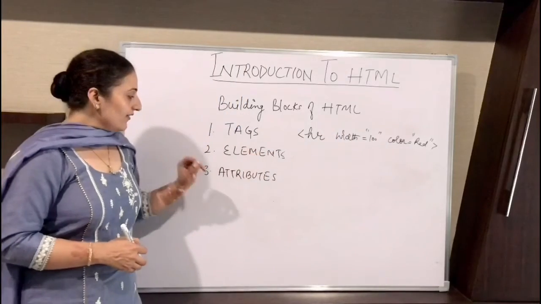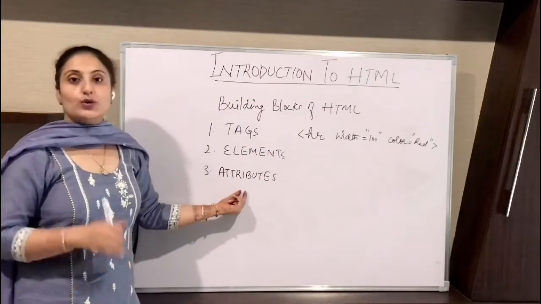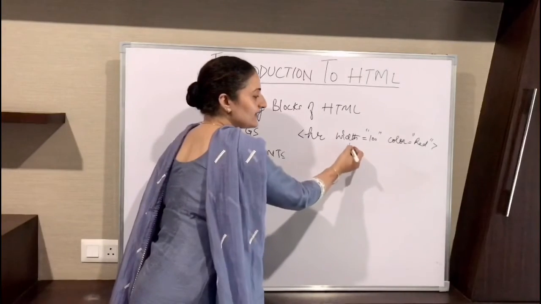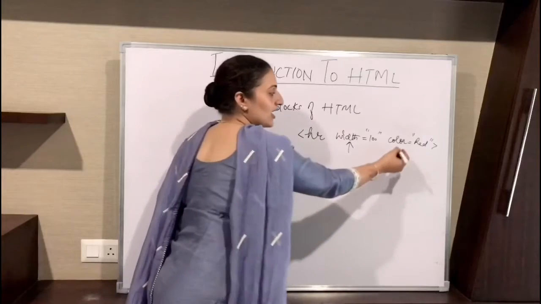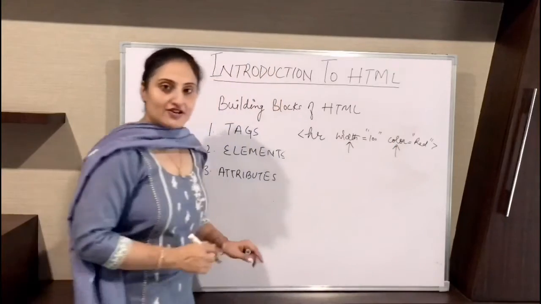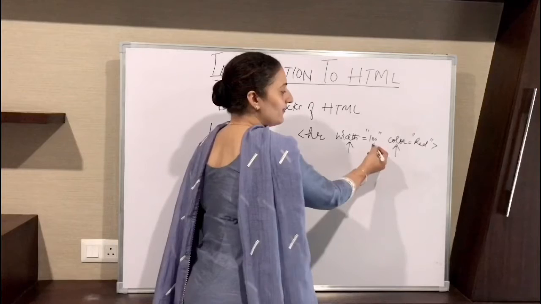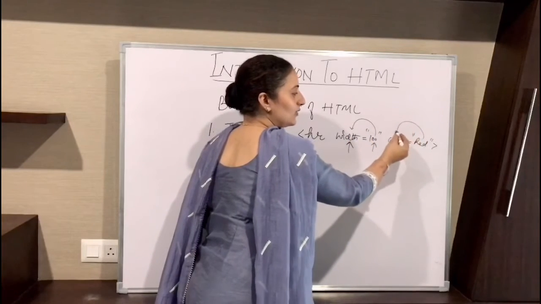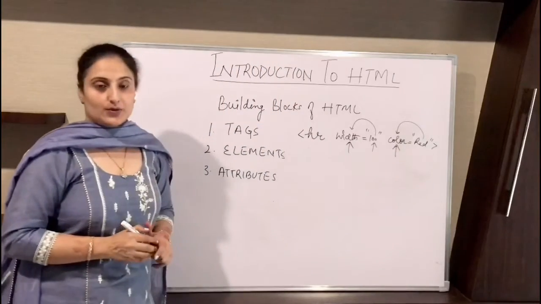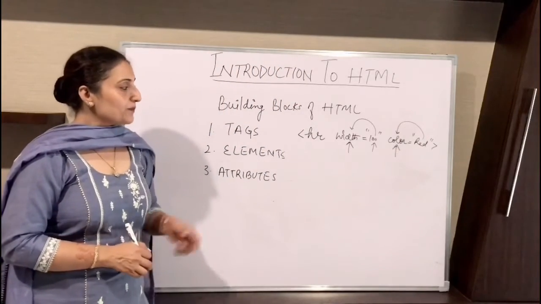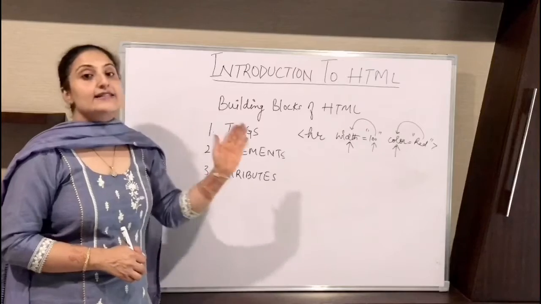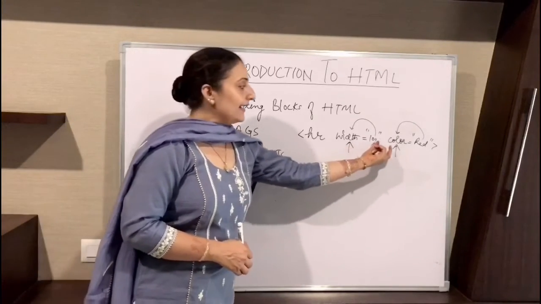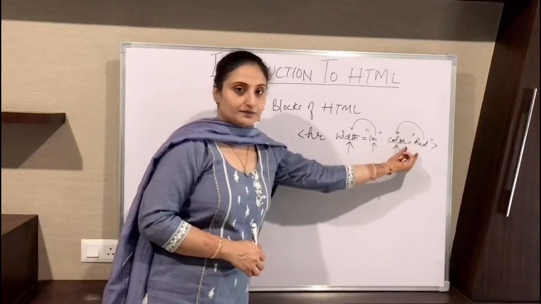Like I have already told you, attributes work in name value pair. Here width is the name of the attribute, color is also the name of an attribute. 100 is the value assigned to this attribute, red is the value assigned to this attribute, which indicates that a horizontal line is displayed on the screen with width 100 and color red.